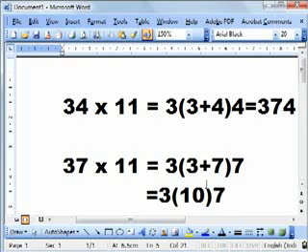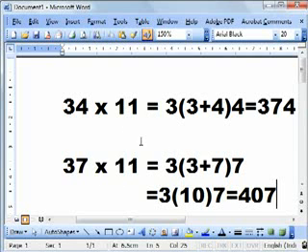If you add two numbers and the result is greater than 10, what we have to do is take the 1 and add it to the first number. So the answer is 407. Simple.